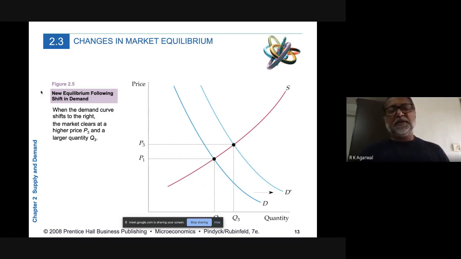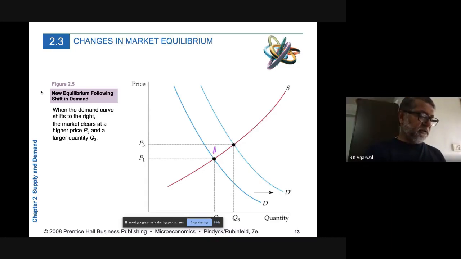Let us say that the GDP of the country has gone up and the government and private sector employers have started paying more salaries and people have started earning more income. So consumers have become better off in terms of income, and as a result, demand has shifted to its right. But the supply curve has remained the same.